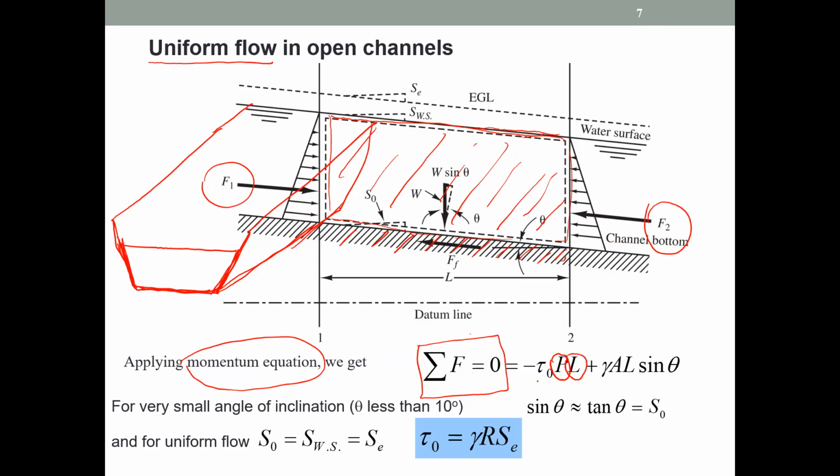Now tau naught is the shear stress, so the shear stress multiplied by the area will give you the shear force, right? That is one force acting on this water volume. The next one is the gravitational force, right?